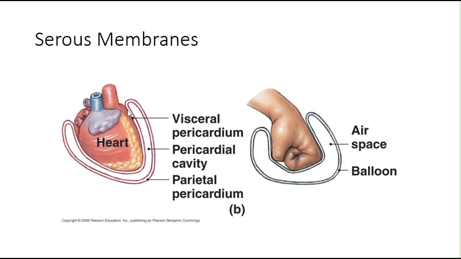So the pericardium is a serous membrane that covers our heart. One layer is attached to the heart, and another layer, called the parietal pericardium, is attached to the chest wall, and between them there is the pericardial cavity.